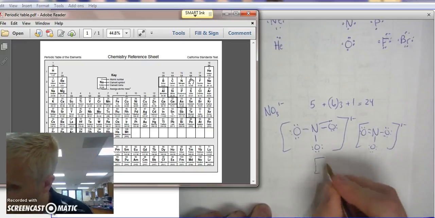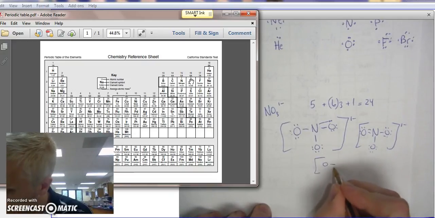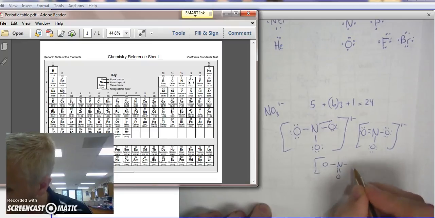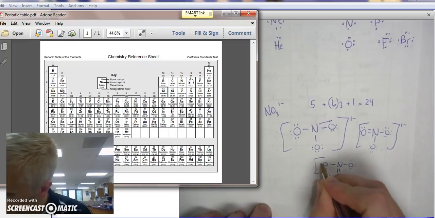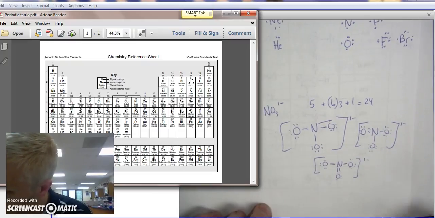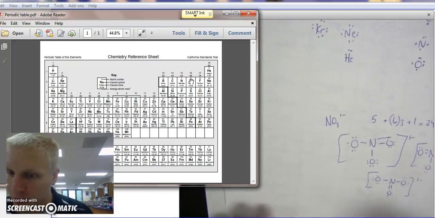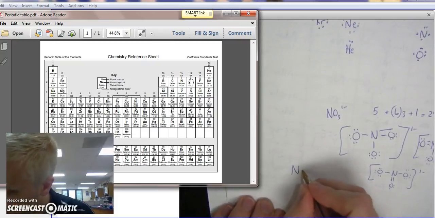Minus, and then the third one, the double bond would be towards the bottom. Or you could draw all 3 structures in one.